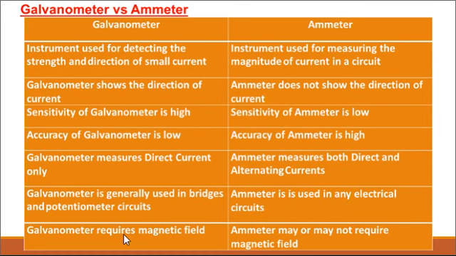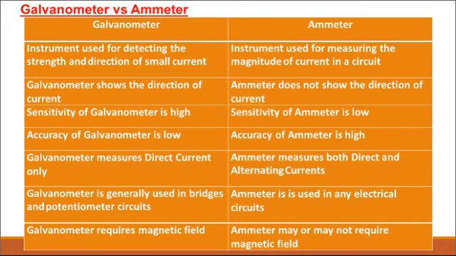And galvanometer must require a magnetic field, but ammeter may or may not require a magnetic field. These are the differences between galvanometer and ammeter.